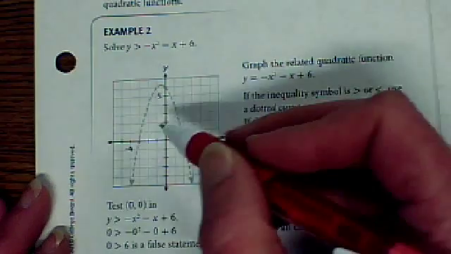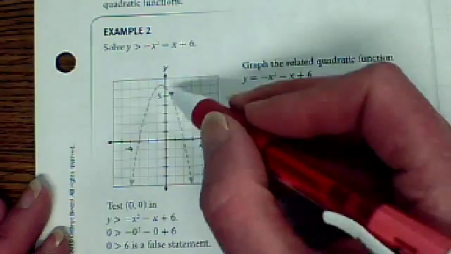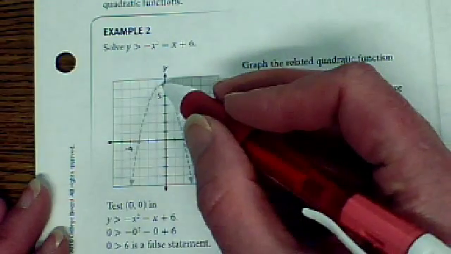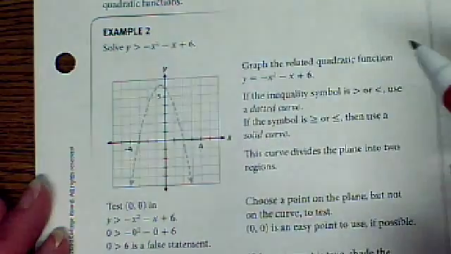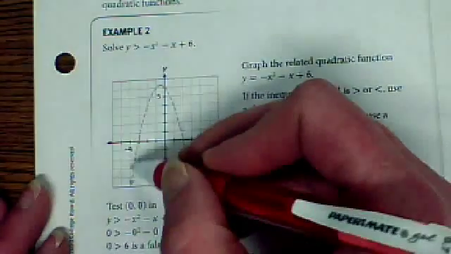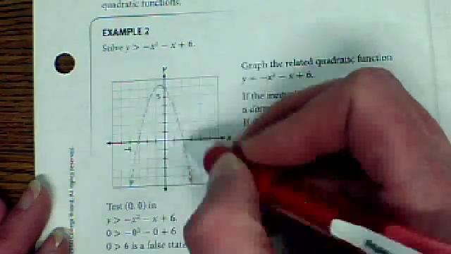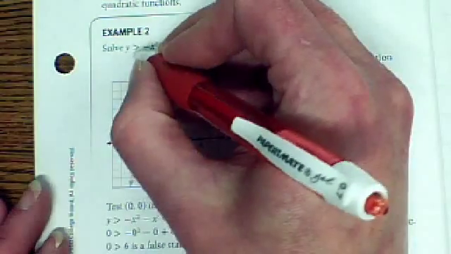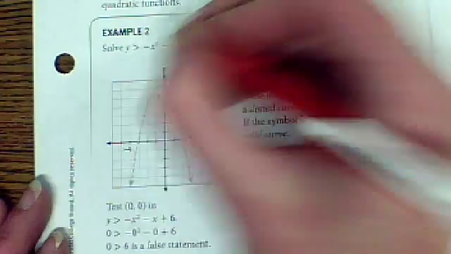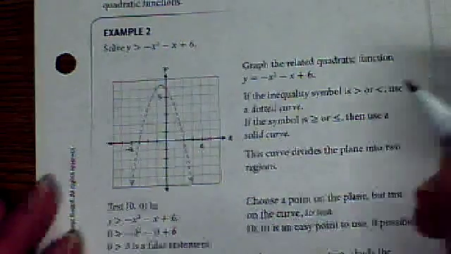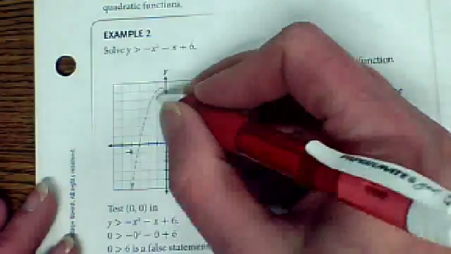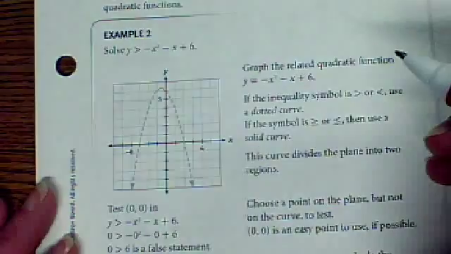We would figure out where our x-intercepts are, where your y-intercept is, where your vertex is, all of those things. Now notice they put a dashed line. That's because this greater than symbol did not say or equal to. So a dashed line would be in place.